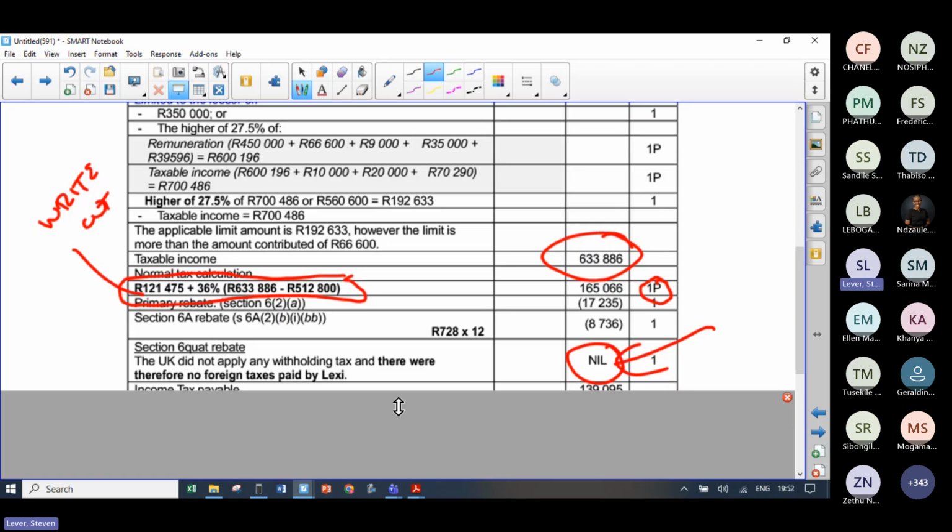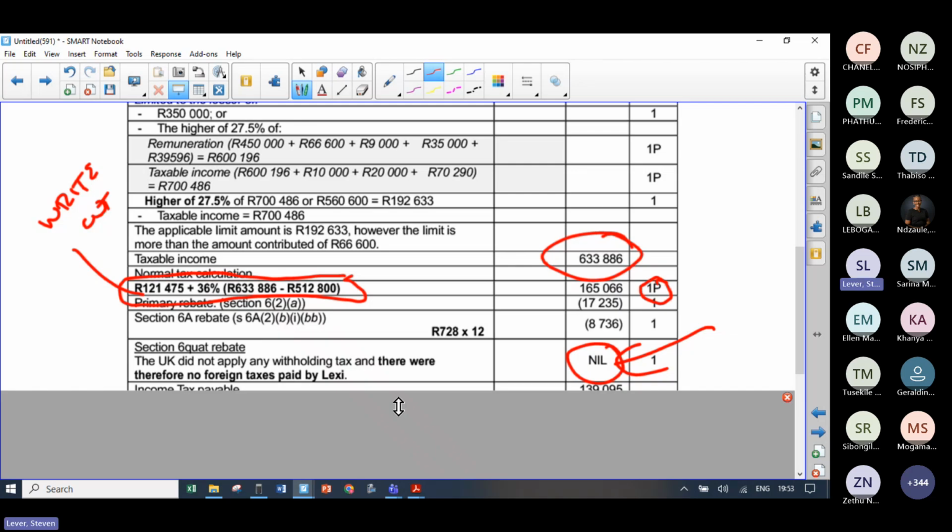So let's just unpack what's going to happen if you get a human being that dies. If a human being dies in a question, how's this going to impact upon you? Your primary rebate, you will apportion on a day's basis if someone dies. Your interest exemption, you'll apportion on a day's basis if someone dies.